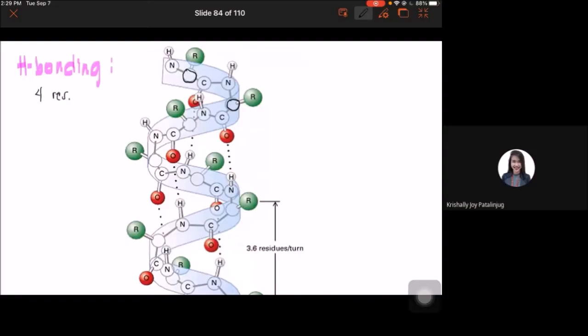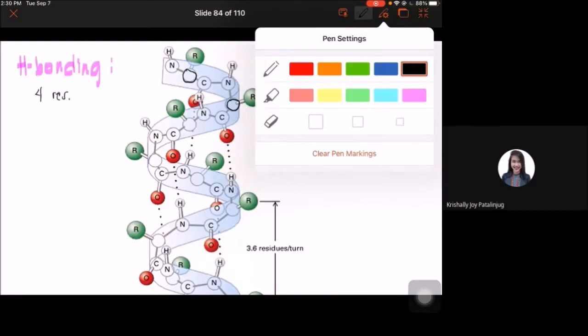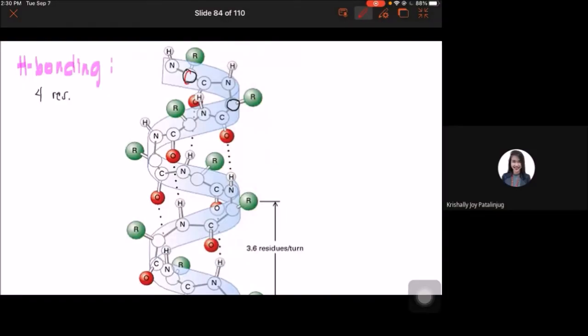So, i-label nyo dyan, that is alpha carbon. Kung ilan yung alpha carbon dyan, yan yung bilang ng mismong residues in a polypeptide, kasi each amino acid has a central alpha carbon.